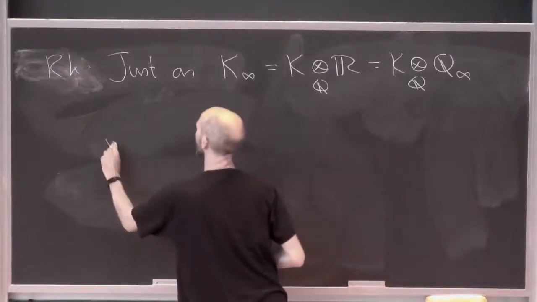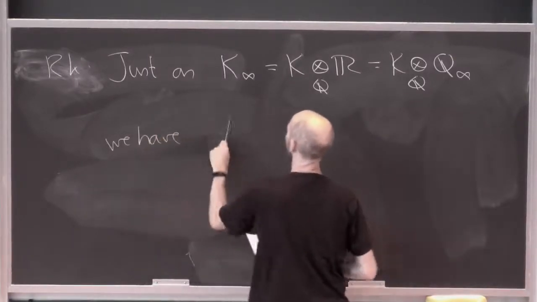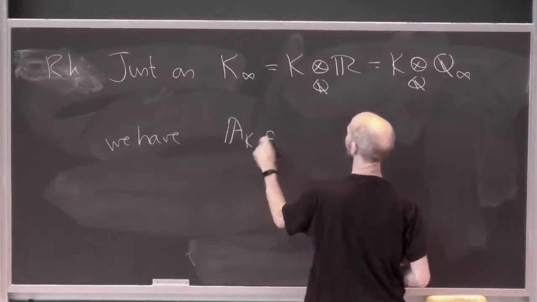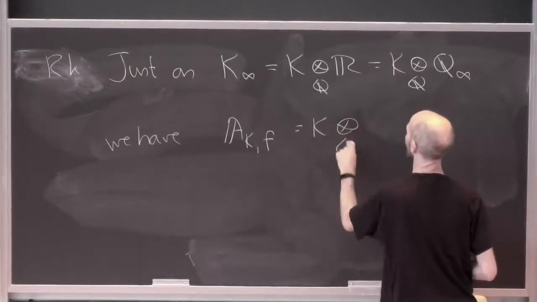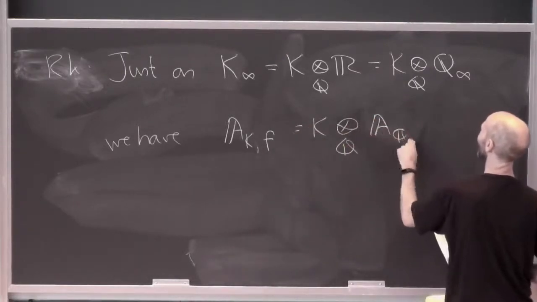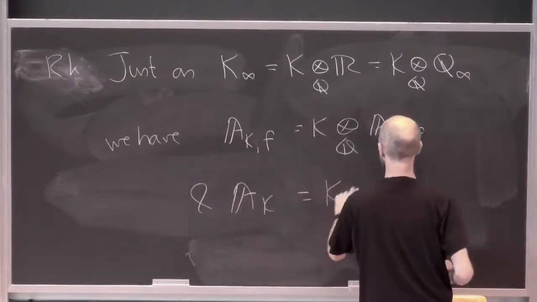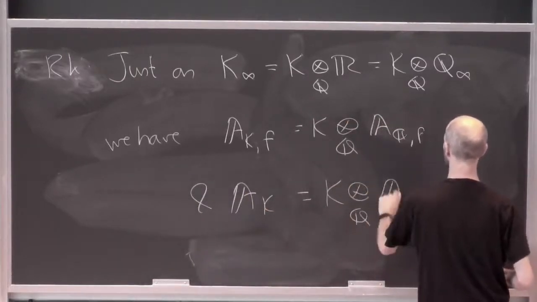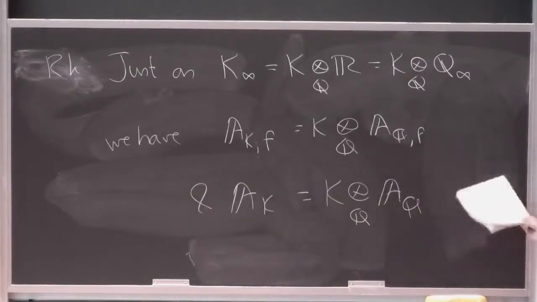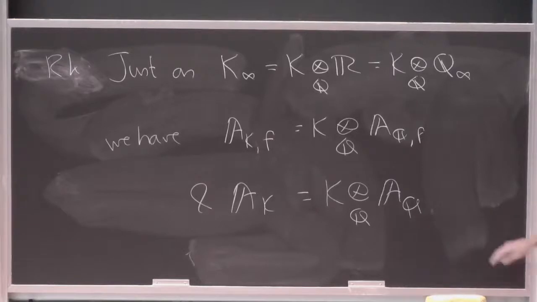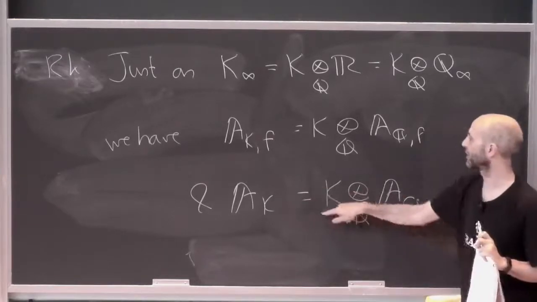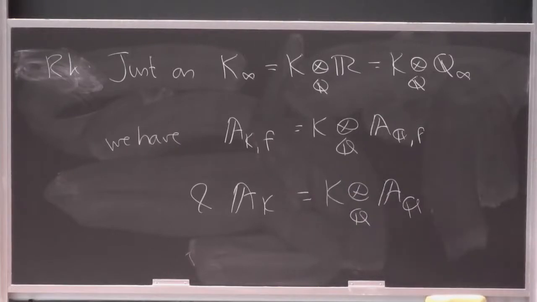We have A_K^f equals K tensored over Q with A_Q^f, and A_K is K tensored over Q with A_Q. Right? These are slightly tricky, but it's nice to know that somehow the fundamental object is the adels of Q, and then we can get the adels of K by just bootstrapping up.